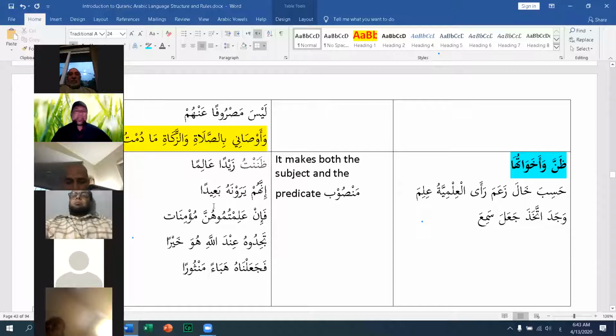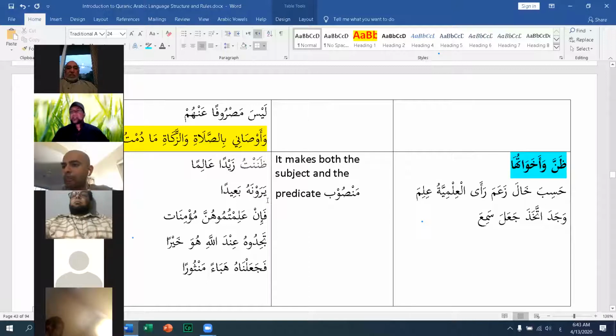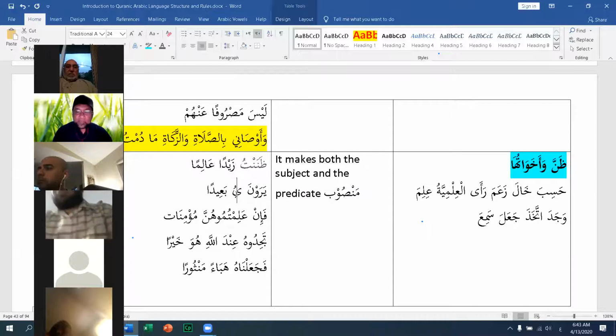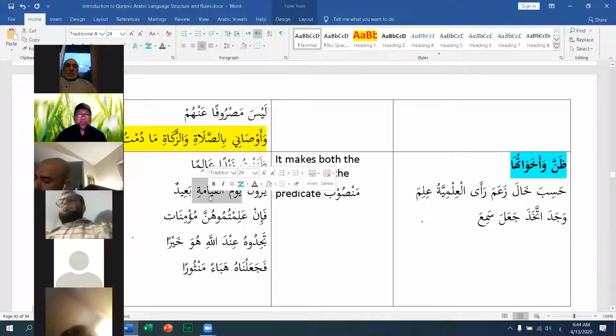إنهم يرونه بعيدا. إنهم is for emphasis, so I'll eliminate that to simplify the sentence. يرونه, I'll separate that. يرون, who here means يوم القيامة. يوم القيامة بعيد. يوم القيامة is مبتدا, بعيد is خبر.